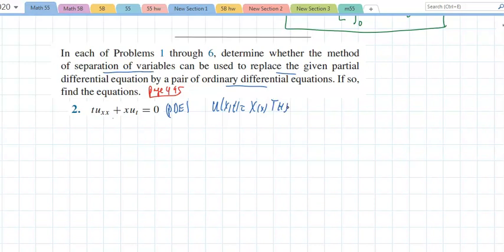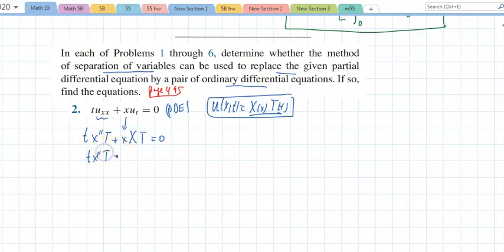And if you recall how this works, u sub xx is actually X double prime T, plus little x u sub t. If you take the derivative of this with respect to t, partial, that's capital X times T prime, and that equals 0. So can we separate those? Well, let's see. T X double prime equals little x X T prime.